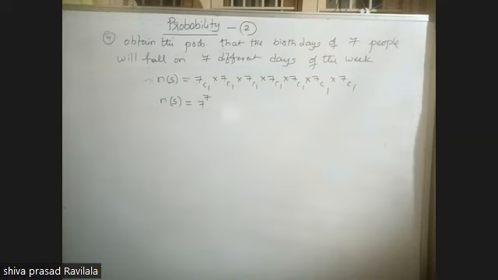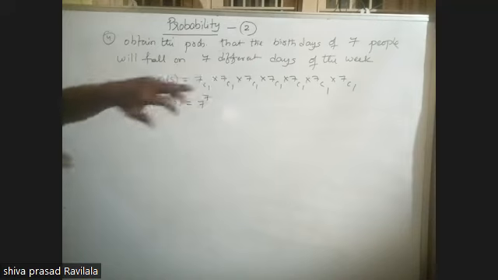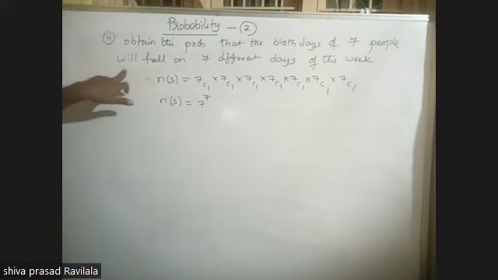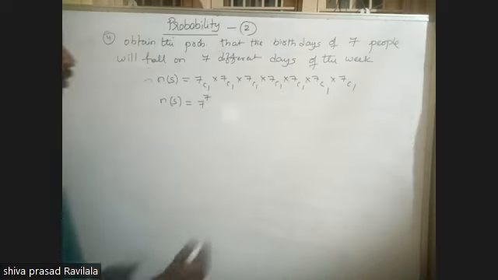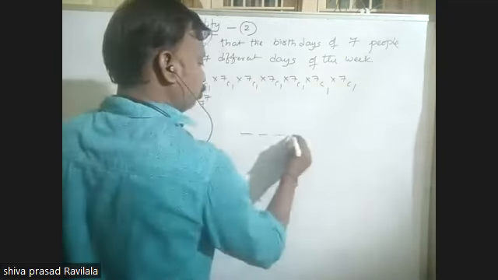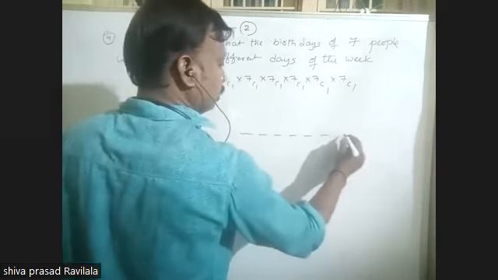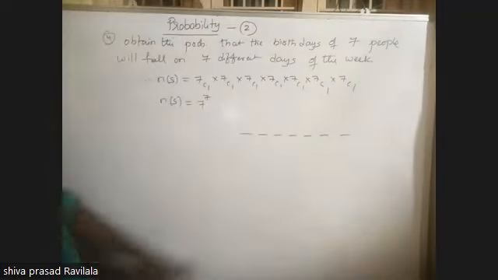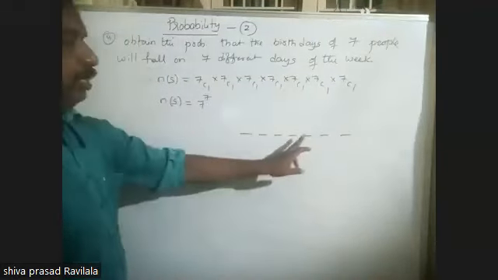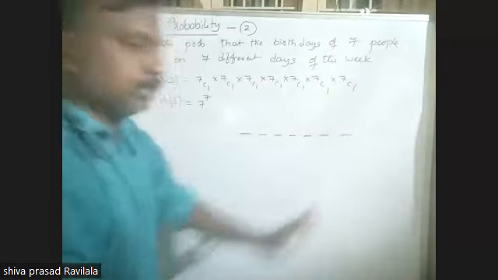And what is our condition, Nana? That the birthdays of 7 people will fall on 7 different days. n of A is equal to what? 7 different days means 7 places, 1, 2, 3, 4, 5, 6, 7. All should be different: Sunday, Monday, Tuesday, Wednesday, Thursday, Friday, Saturday.